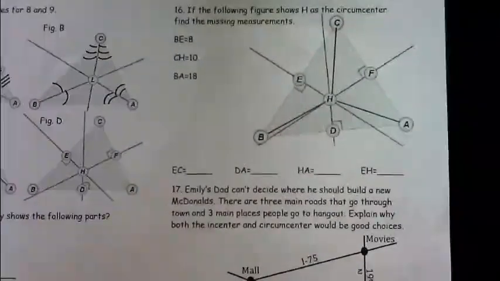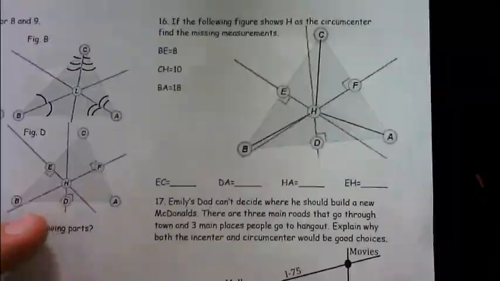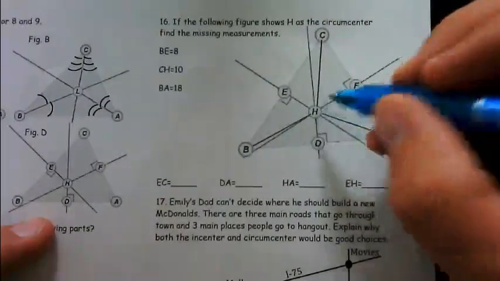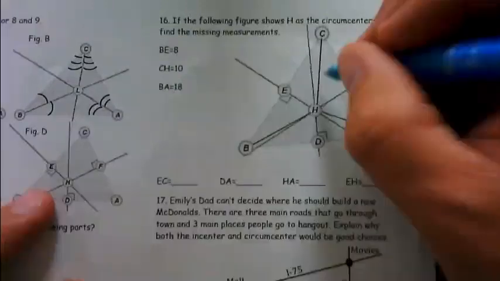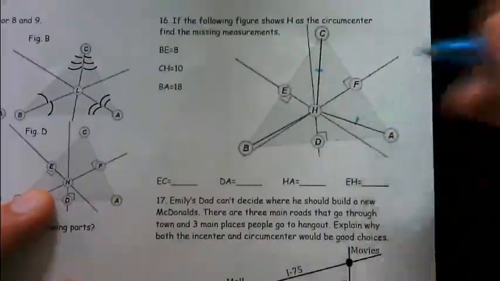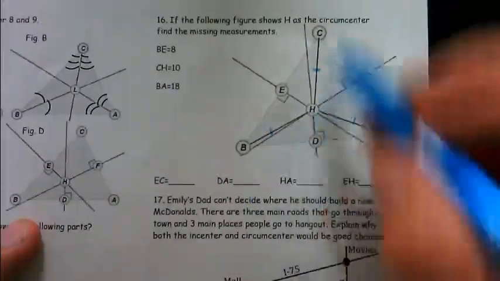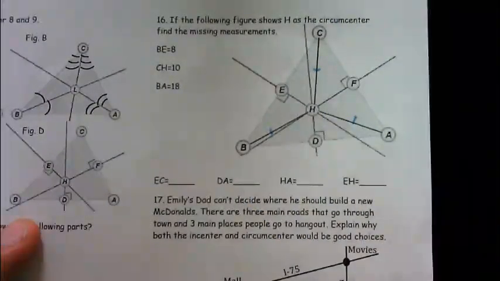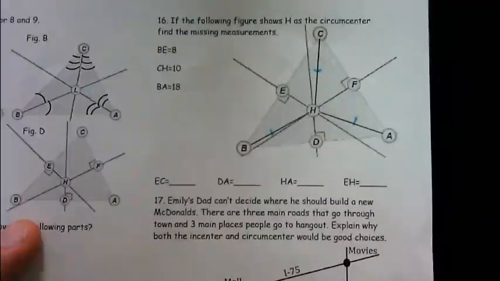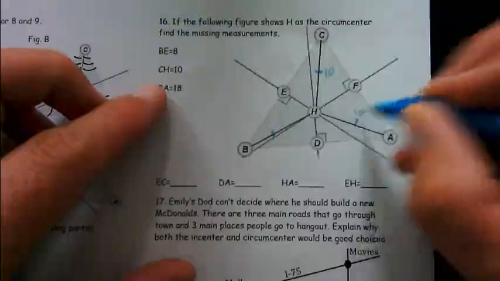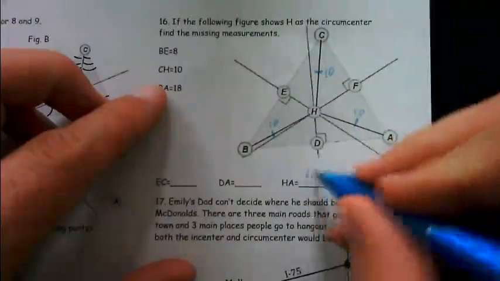All right, go up to the top. On this one, the thing that we have to know here is that they tell us this is the circumcenter. The circumcenter is equal distance to the vertices. So these lines, CH, HA, and BH, are there for the main purpose of knowing that those have to be equal distance to the vertices. So we were told CH's length is 10. That means all of these are 10.